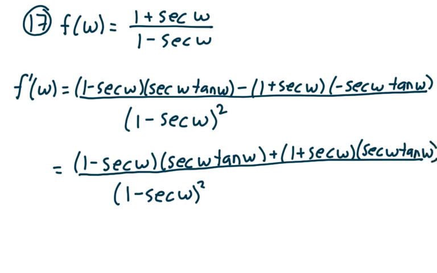Okay, just like this. But notice how we have a secant w, tangent w in common. So I'm going to pull that out. Now, when I pull that out, I get the following.